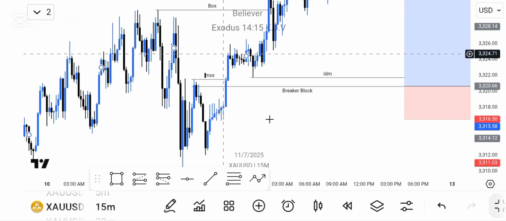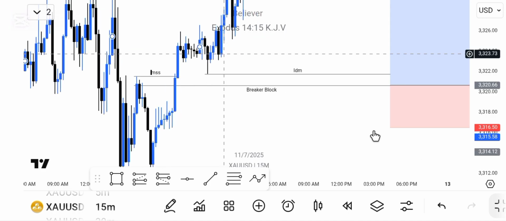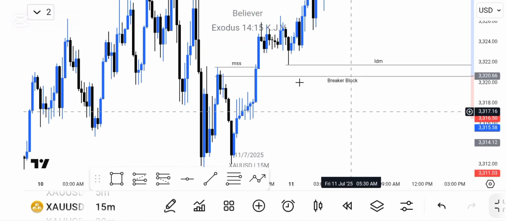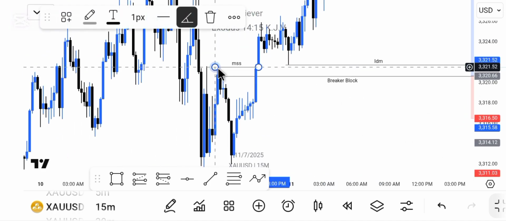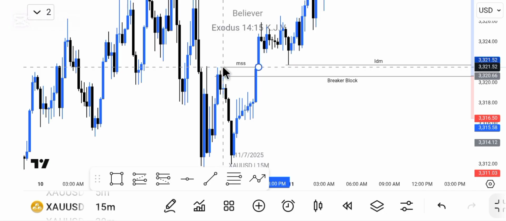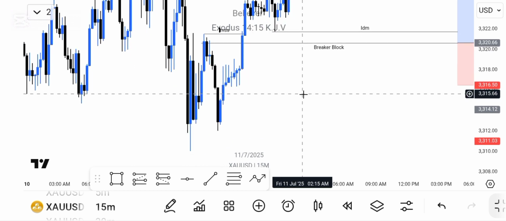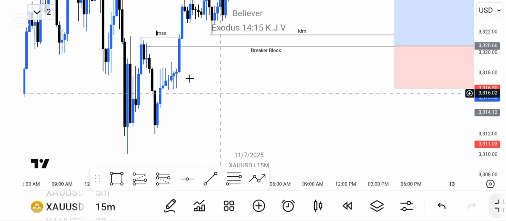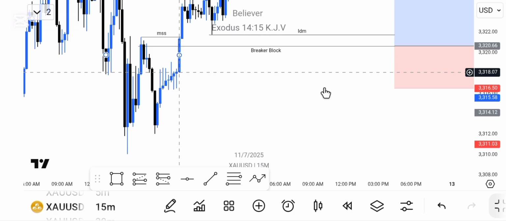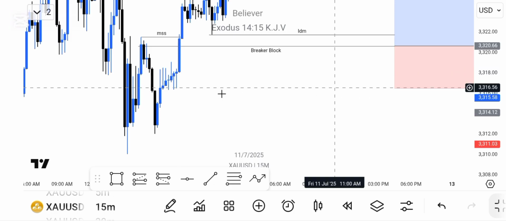So all I'm going to do on this time frame is to modify everything. So first, this is the market structure shift. I'm just going to make it be on this high clearly, and then this breaker block, observe to this low here.